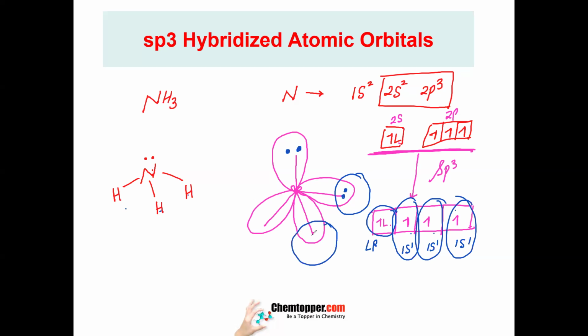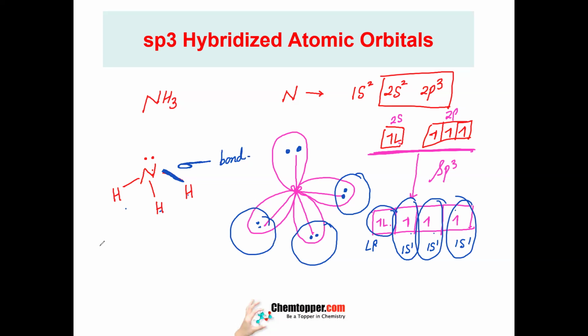This is the bond pair. What kind of bonding is this? It is a sigma bond, represented by sigma like this. How many sigma bonds are there in NH3? Three sigma bonds.